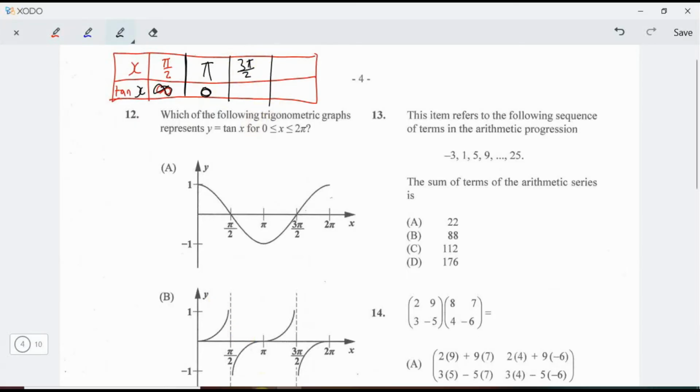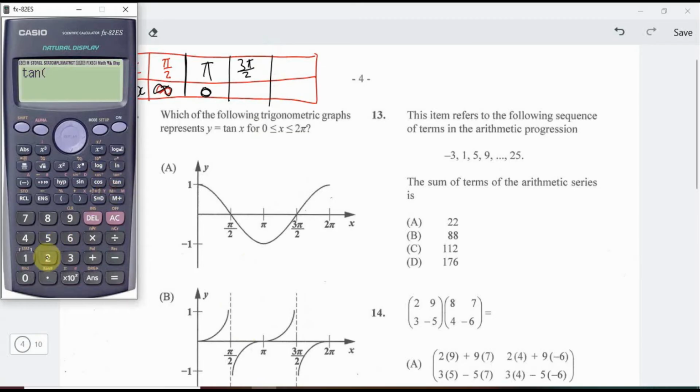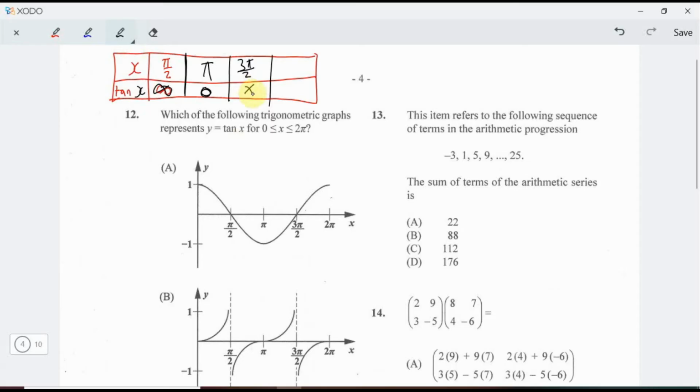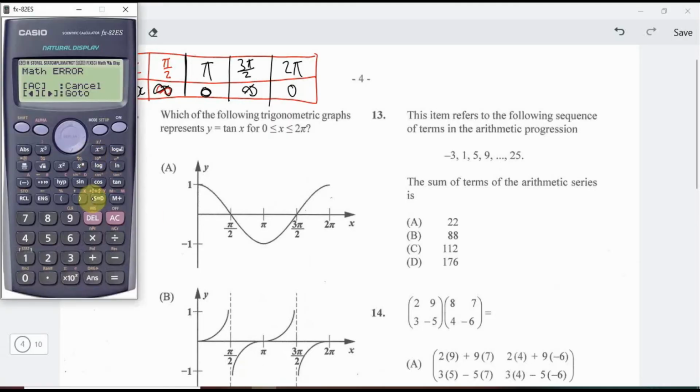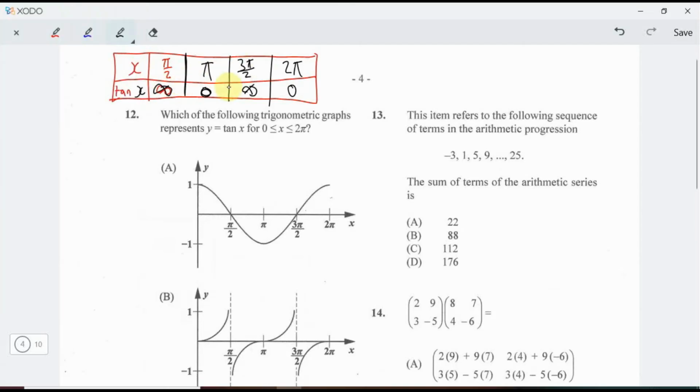Tan 3 pi over 2 is tan 270. Put it in a calculator. Tan 270, can't work that out. Then tan 2 pi, of course, we already know that is 0. But if you don't remember, put in tan 360 degrees, 0. So now we have our basis, or we have our points to plot the graph.